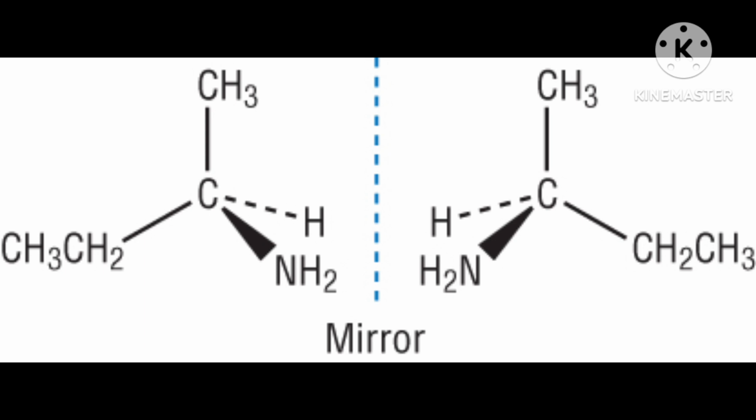Light comes to the solution, and the sugar molecules, maybe glucose, can rotate the light either to the right or to the left. If you take another solution, fructose, it can again rotate the light.